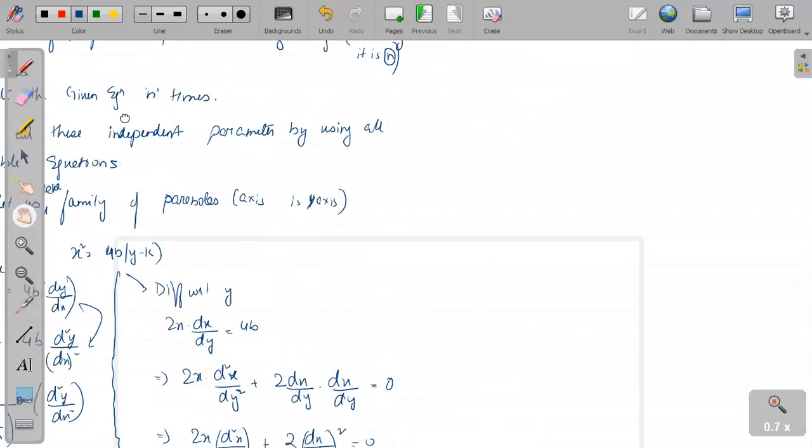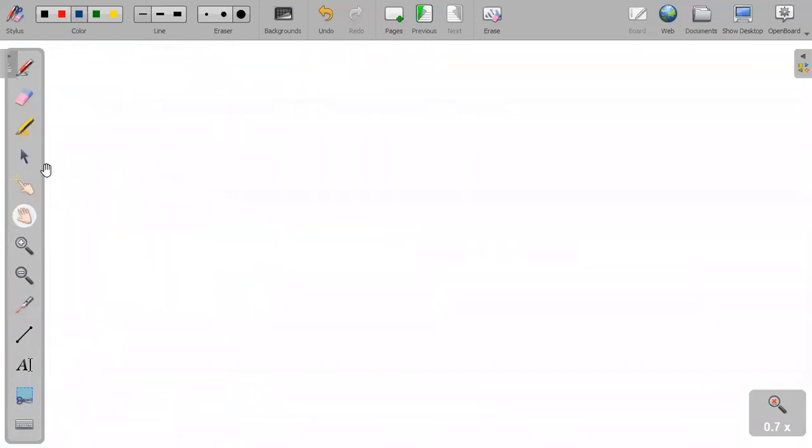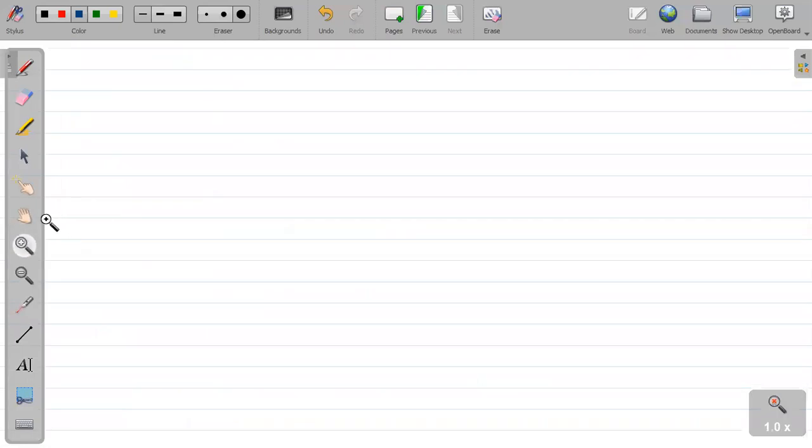Formation of differential equation, it is clear. Write down the equation. Okay, beta. Write down the equation, simple question. Form the differential equation. I am writing the statement.